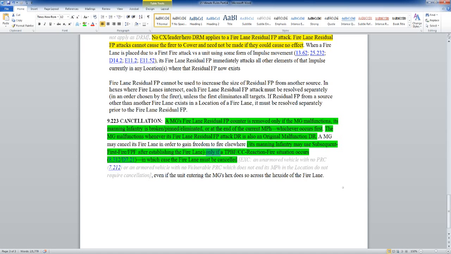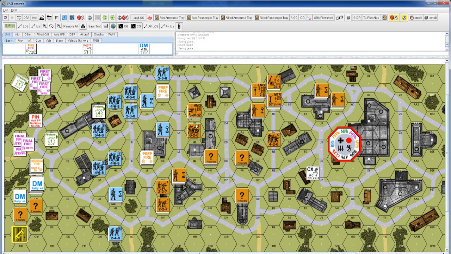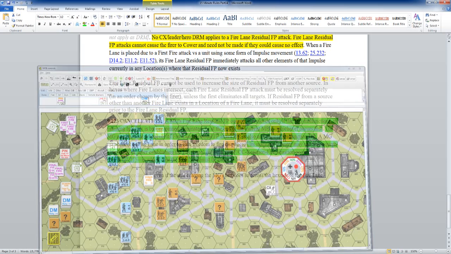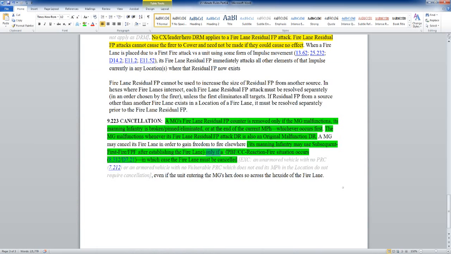So that's kind of the deficit with this: you're sacrificing these two units. They aren't going to be able to do anything else the whole turn other than hold their buttons down and fire down their fire lane. That's all they get to do, unless, of course, some extenuating circumstances come up, like somebody enters your location, or you have a CC reactionary fire attack.